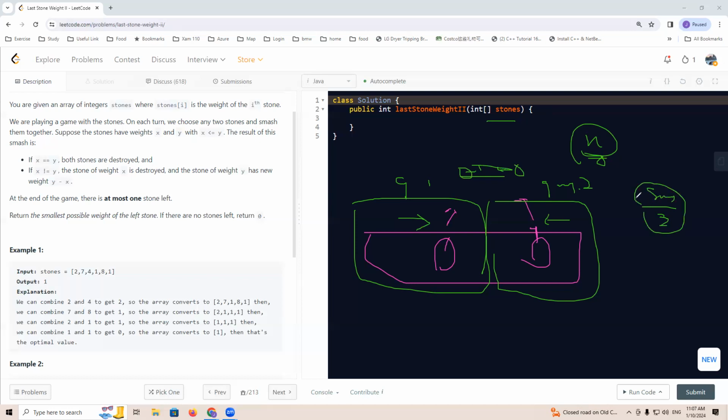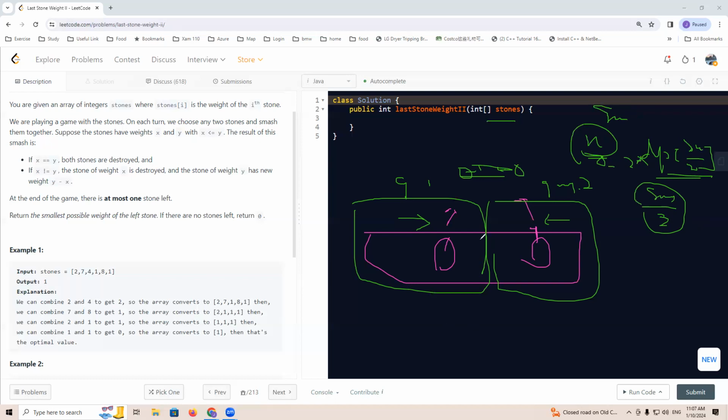So this is a 0-1 backpack problem. The final result will be sum minus 2 multiplied by dp of sum over 2.